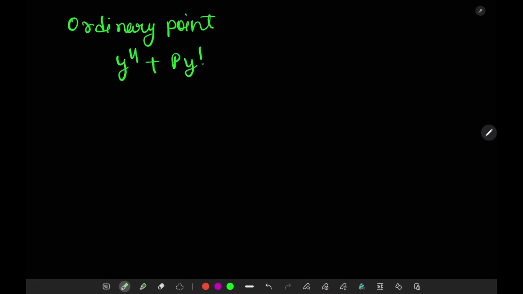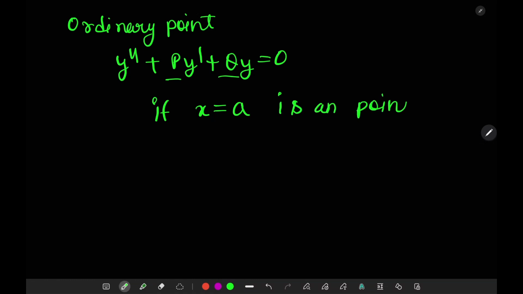Now ordinary points. This is a second order differential equation where p and q are polynomials of x. x equal to a is an ordinary point if the values of P and Q are not equal to infinity.